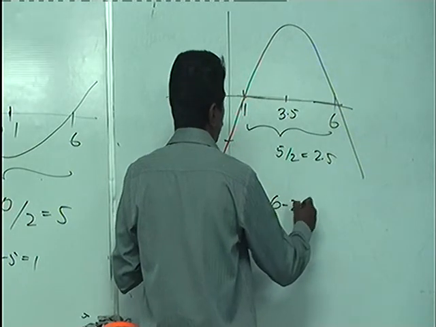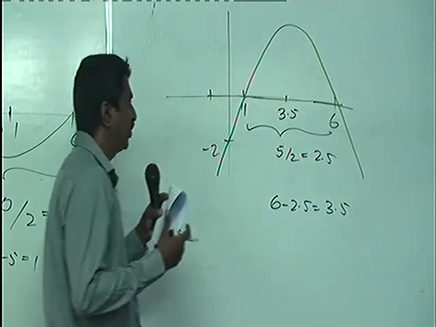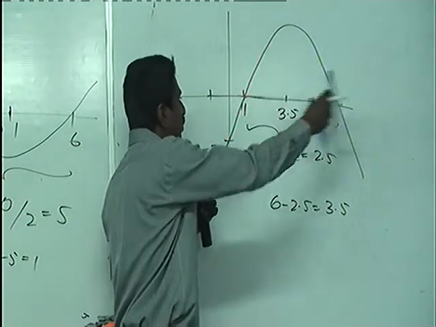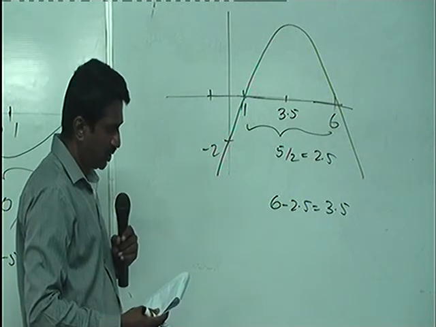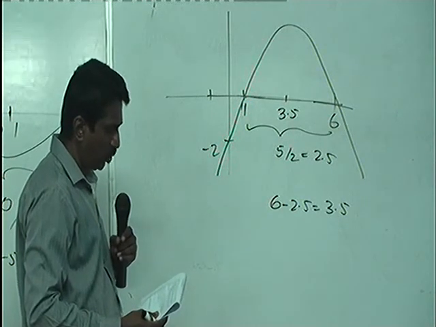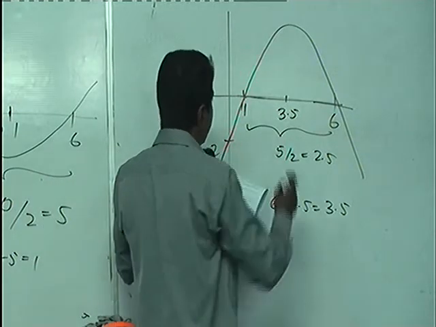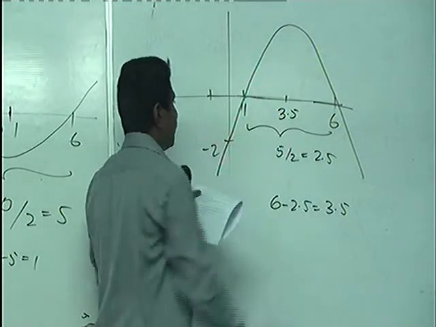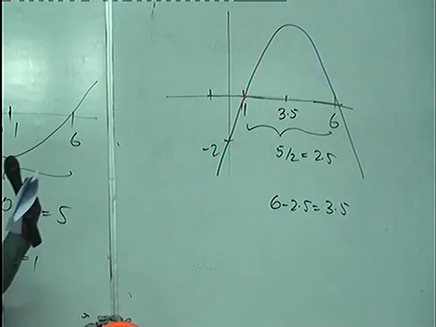Right? So the middle is 3.5. You need to calculate the x-coordinate of the maximum point. So the x-coordinate of the maximum point is 3.5.